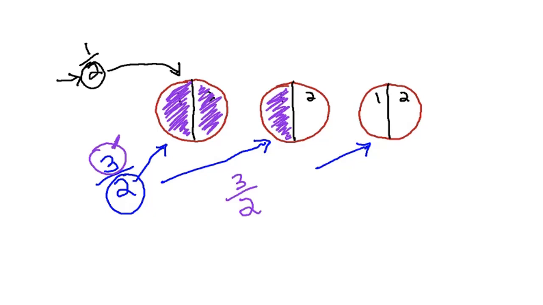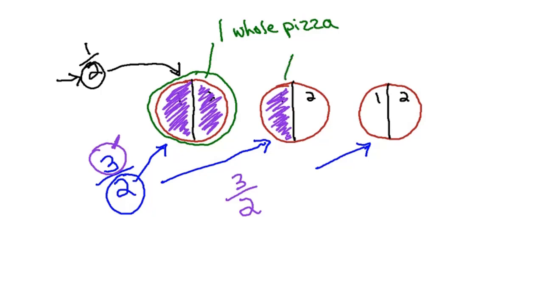Now what's another way to call 3 halves of pizza? Do you notice that when we're coloring in these 3 halves of pizza, this entire first pizza gets colored in? So that's one whole pizza. And there's still some more pizza that was colored in the purple, and that's this one. And this is 1/2 of a pizza.